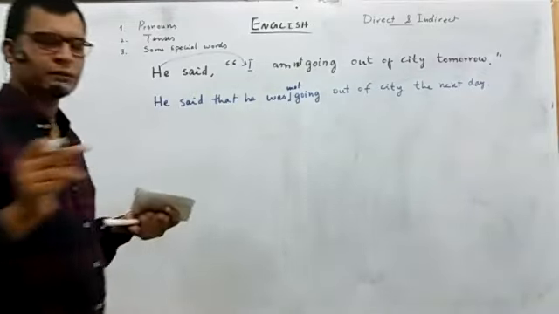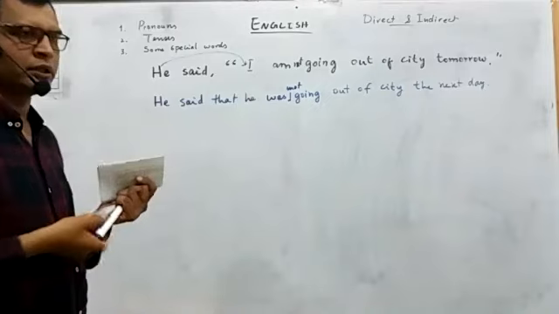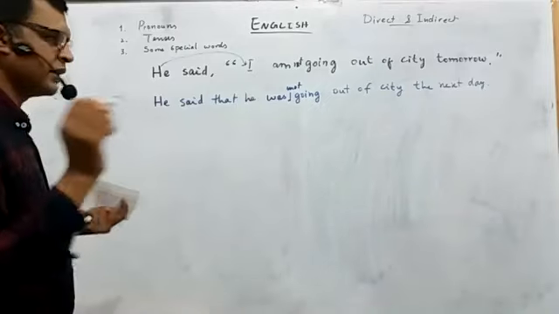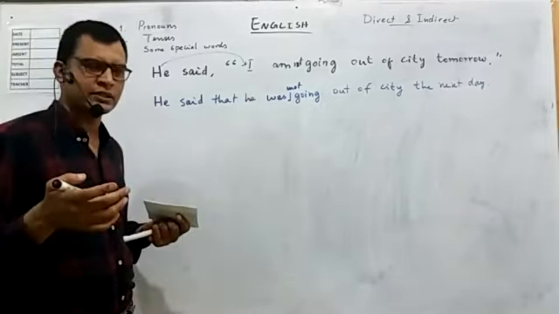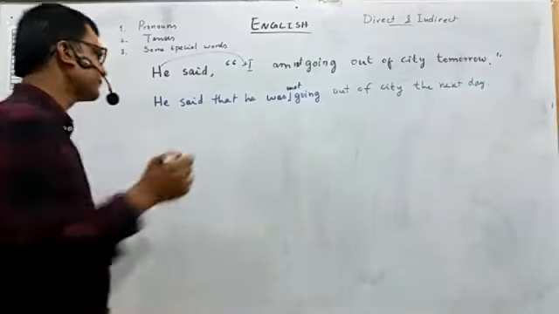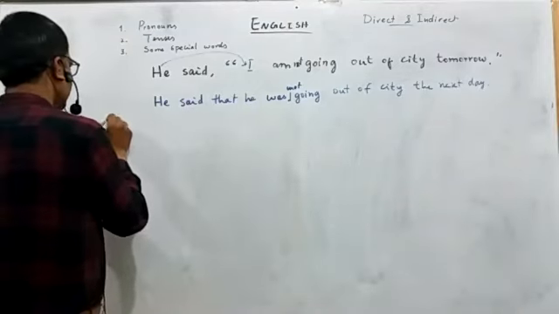The problem comes when we talk about questions. And I told you there are two types of questions that we have in direct and indirect. One is called yes-no question.